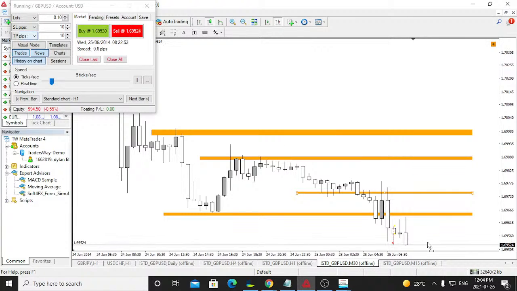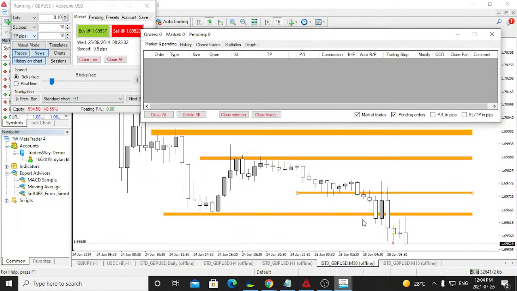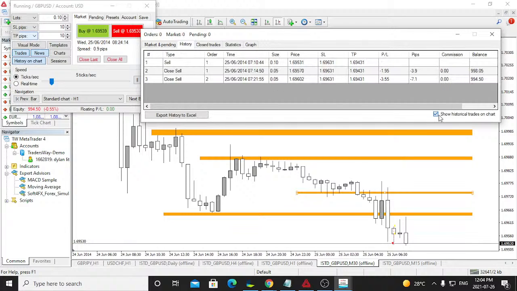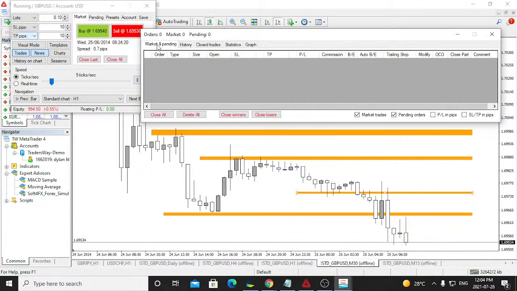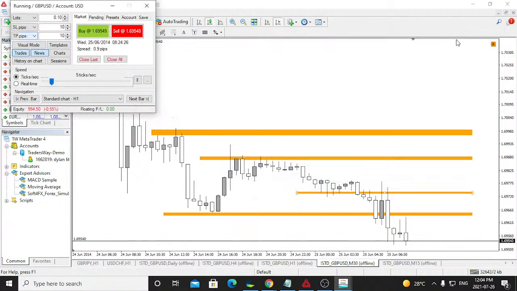This was a really shaky day on the simulator, but what I did was I managed risk really well, and instead of losing 100% of my trade, I only lost 50% of my trade, which is really good.